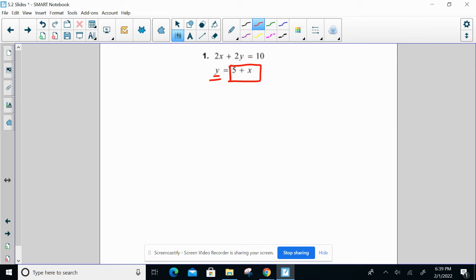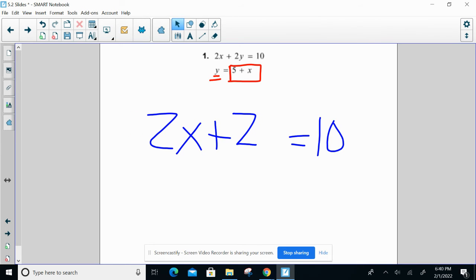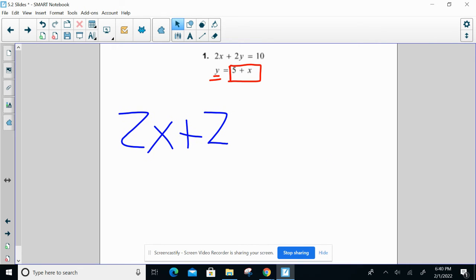So what we can do is, whatever equation you have solved for y, I have it in red, you go to the other one. And anywhere you see a y in that equation, you're going to replace it with that 5 plus x. Let me see what I can do here.